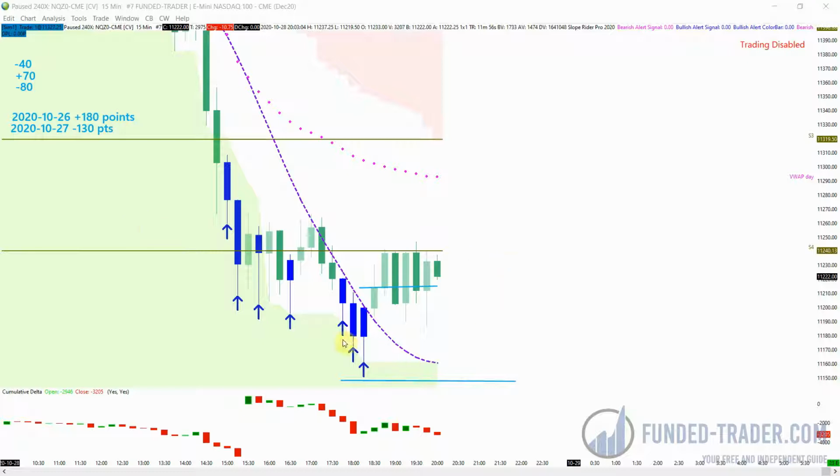I'm getting edgy just looking at this, so I put it below the close of my signals. Okay, at this stage, definitely stop loss is break even.